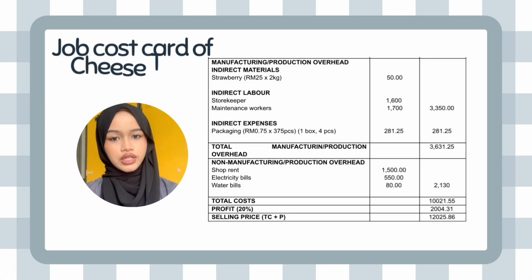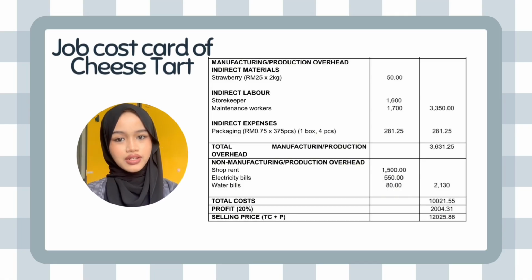Under production overhead, the indirect material is strawberry, which is calculated as 25 ringgit times 2 kg, equal to 50 ringgit. For indirect labor, there is a storekeeper costing 1,600 ringgit and a maintenance worker costing 1,700 ringgit. The total is 3,300 ringgit.